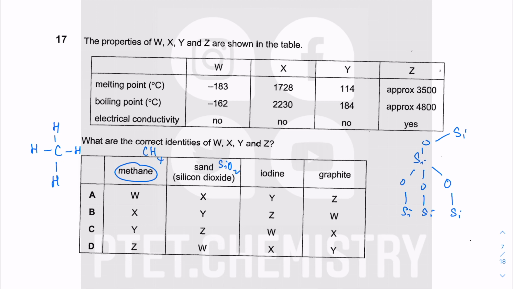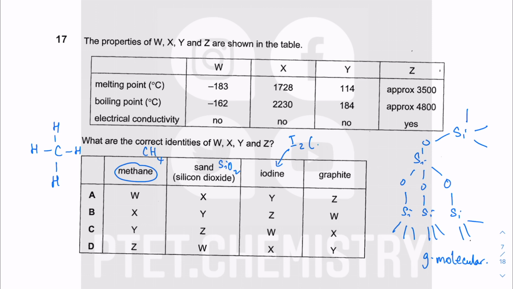Okay, so each oxygen is bonded to 2 silicon, 2 covalent bonds, because oxygen is in group 6. Okay, and then I just show it like this. This is giant molecular, or you can call it giant covalent structure. Iodine is a group 17 element, but because it is a group 7 element, it's got 7 valence electrons, so it's going to want to form things like that.